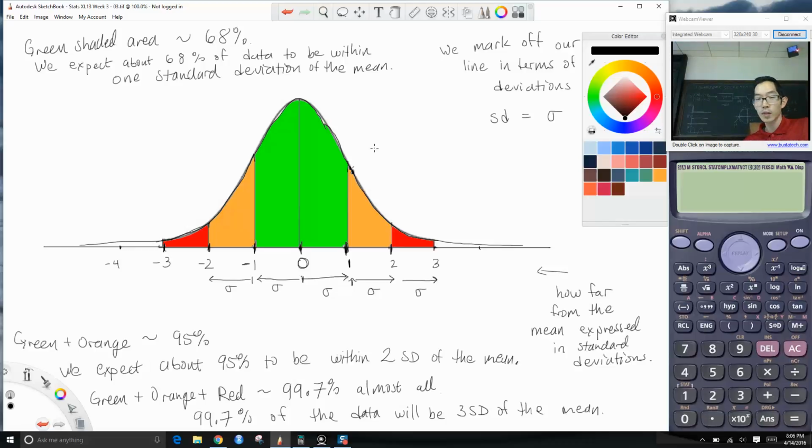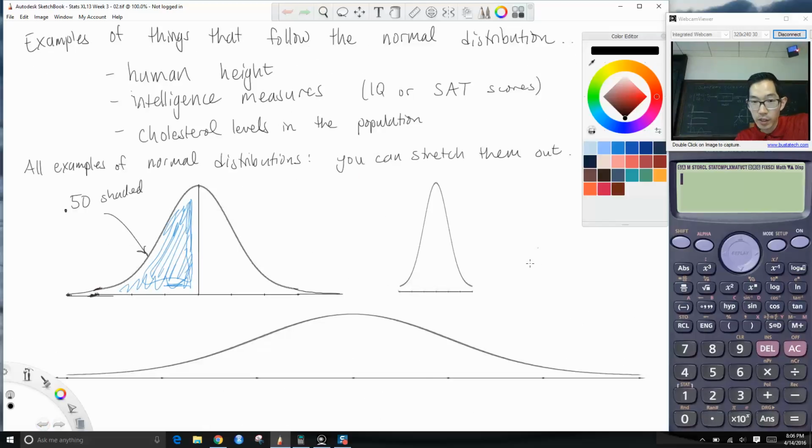If I flip back a slide and draw little 1, 2, 3 on this one, which is way skinnier, we would have the same proportions: 68, 95, 99.7.